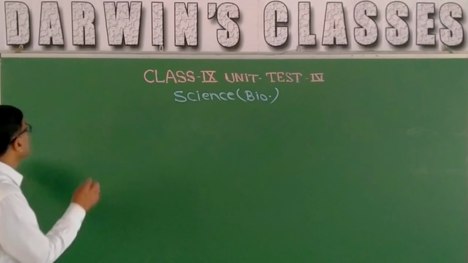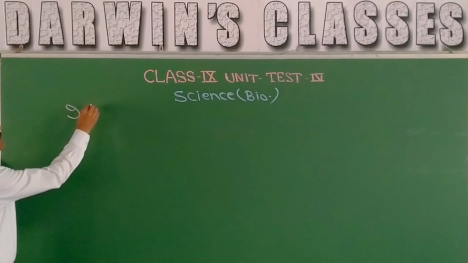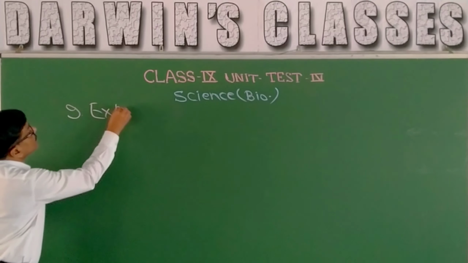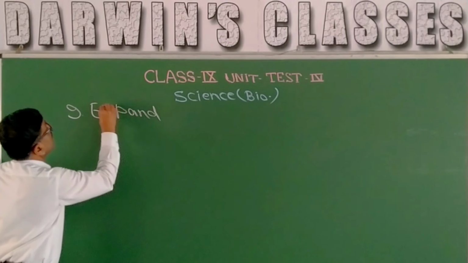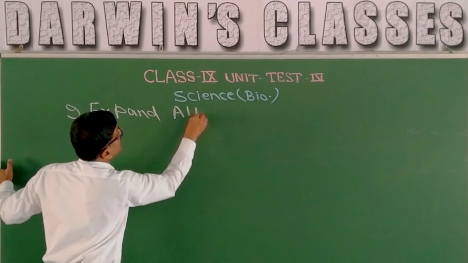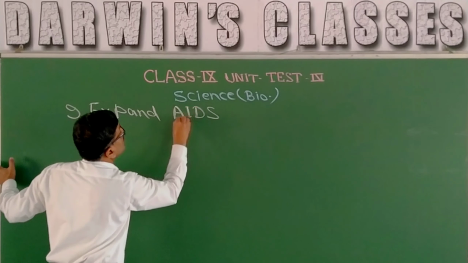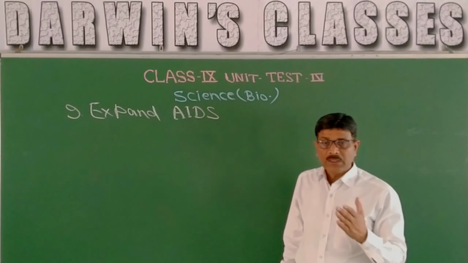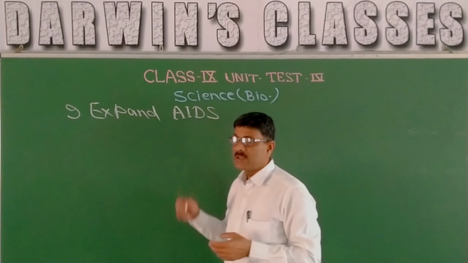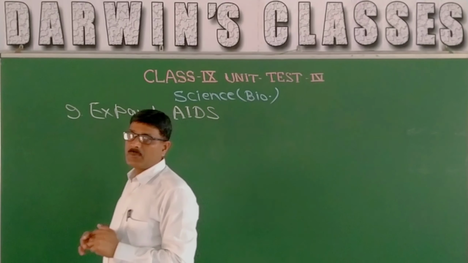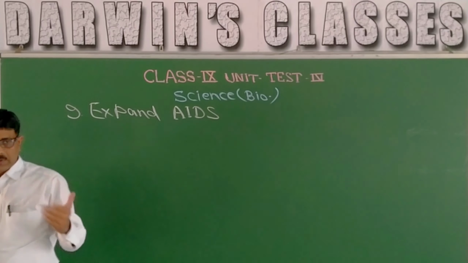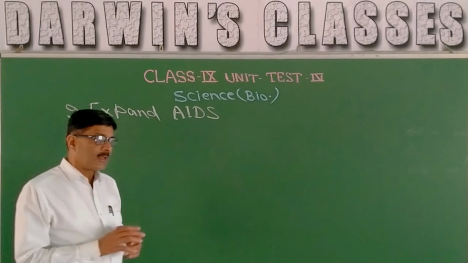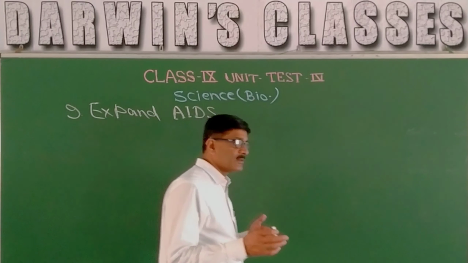The question number 9 was: expand AIDS. Whether it is expand, or write down the full form of, or give the term for which the abbreviation is given below, all these are the same thing.